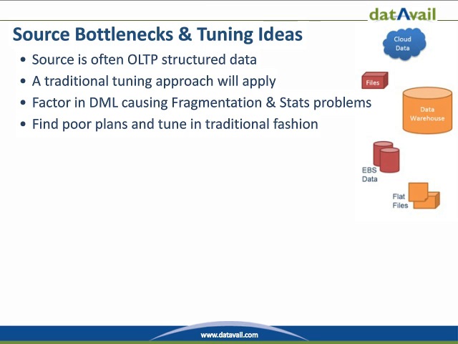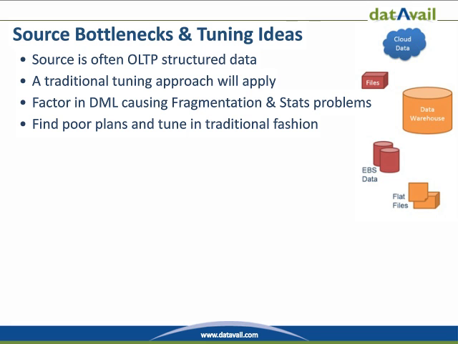So the source often is an OLTP structured data, right? The traditional tuning applies. What I mean is, if you're connecting to an EBS database, that's an OLTP system, and you're writing queries to select data out of that EBS database, then if you've ever tuned a SQL statement for EBS or for a relational database, all of the things that you've ever learned about tuning will apply.